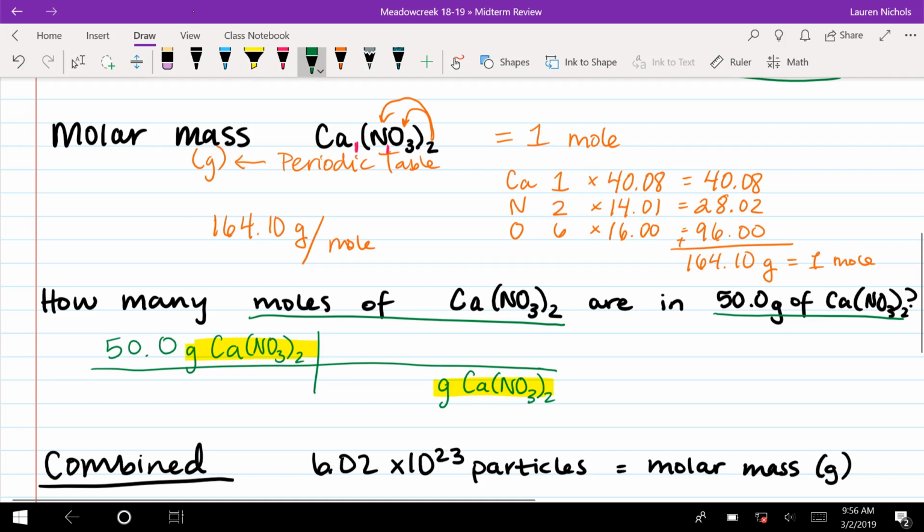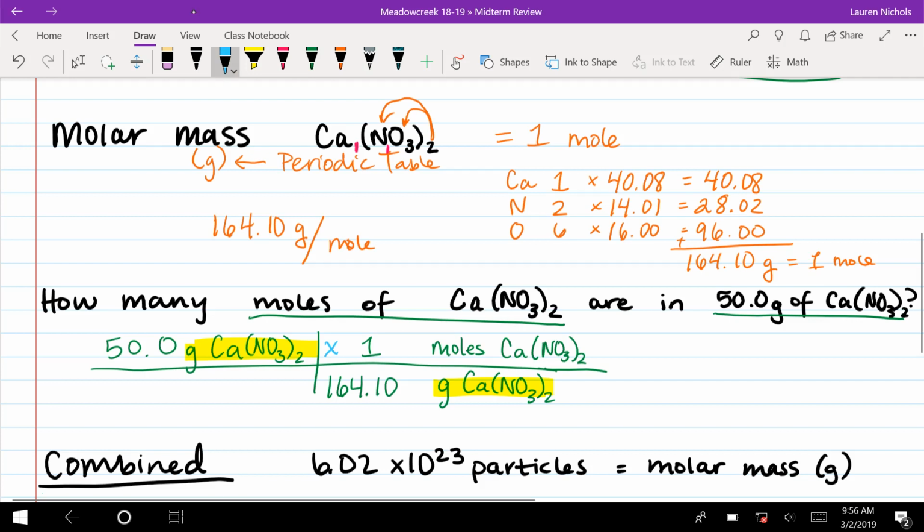Okay, now I also know that because it's a one-step problem, I can just put what I'm looking for on the top, so moles of calcium nitrate. And so I know, again, one step, it's always 1. And my molar mass will go next to grams. Anytime you see grams in a T-chart, that's your molar mass, your periodic table, which we calculated earlier to be 164.10 grams.